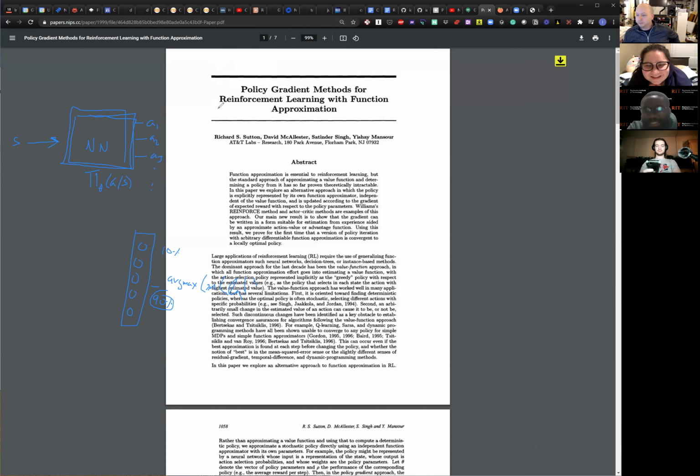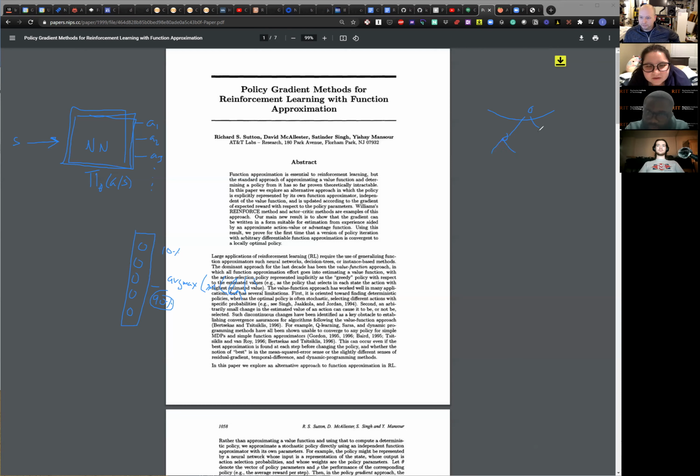If you're familiar with A star or Dijkstra's, right? Value iteration and policy iteration are a form of dynamic programming. It's very similar. You're here, and then you explore the graph, each thing, and so on.